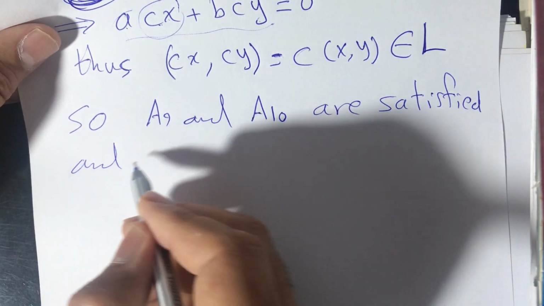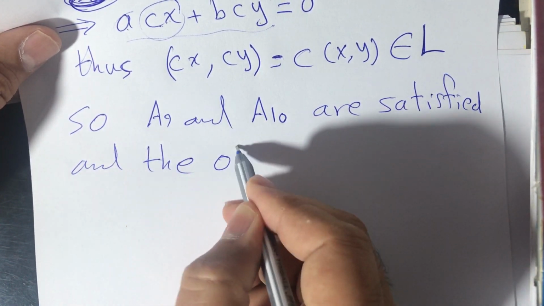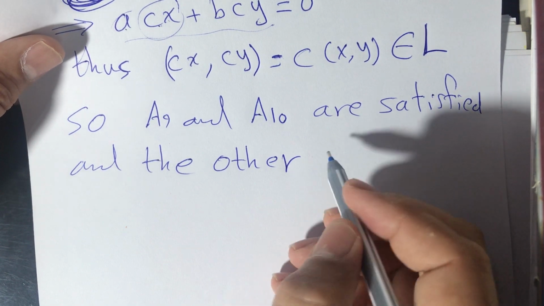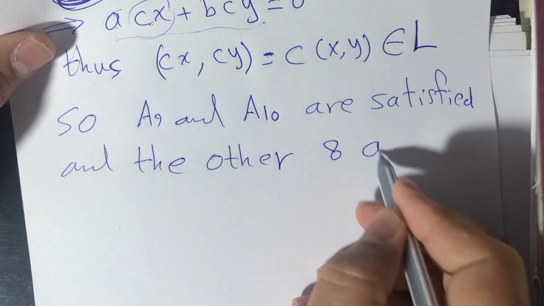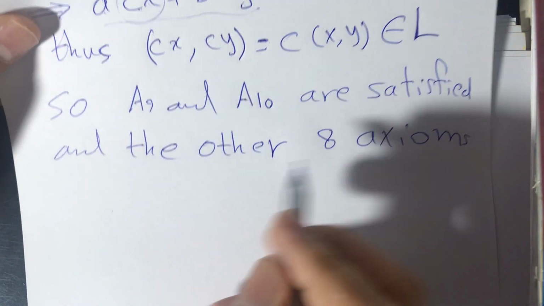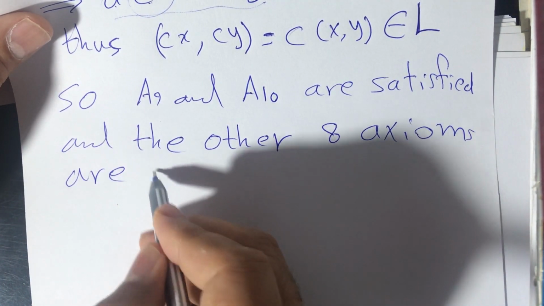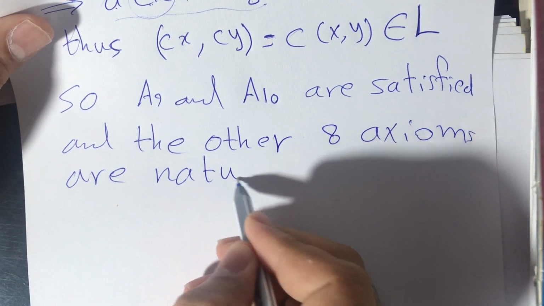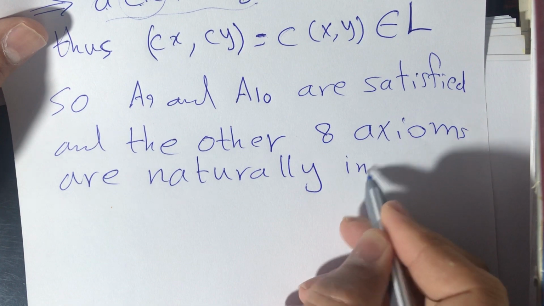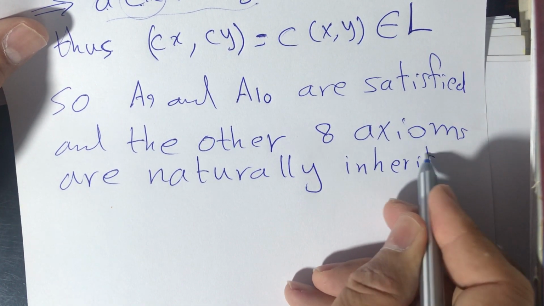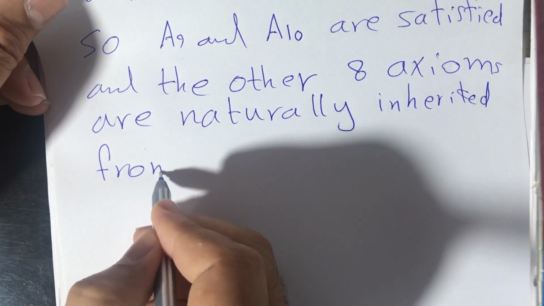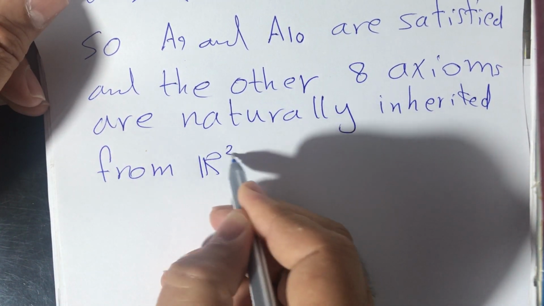And the other eight axioms are naturally inherited from R2.